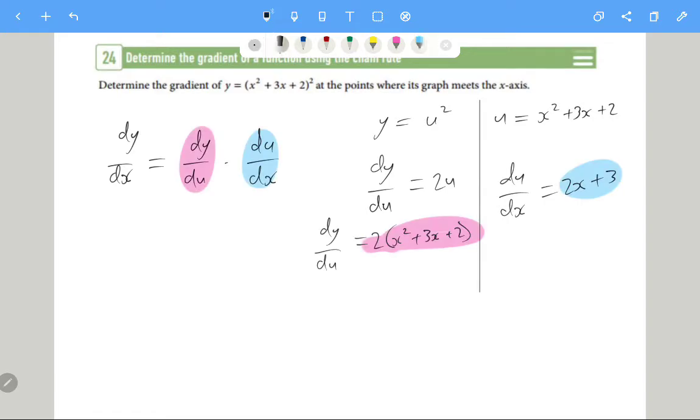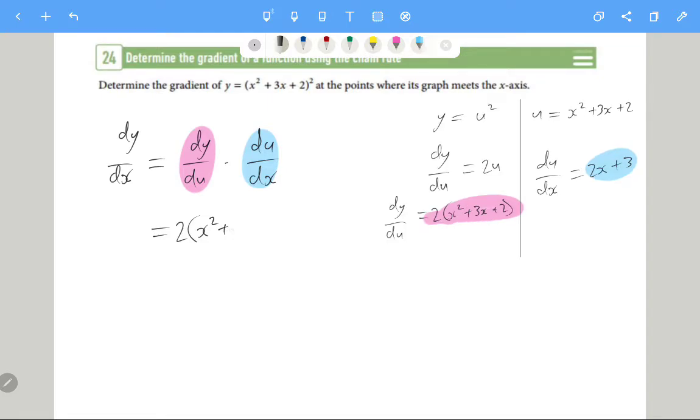Now we can just do our substitution straight in, and we get 2 times (x squared plus 3x plus 2) times (2x plus 3). Alright, and we should probably clean this up a little bit.